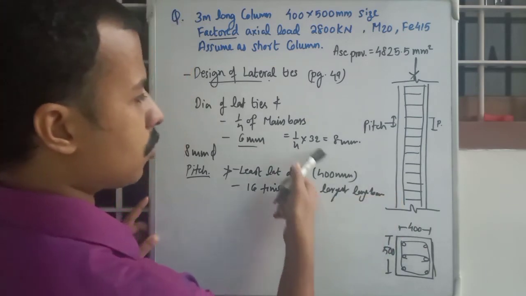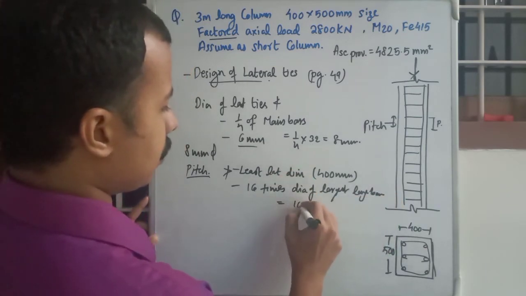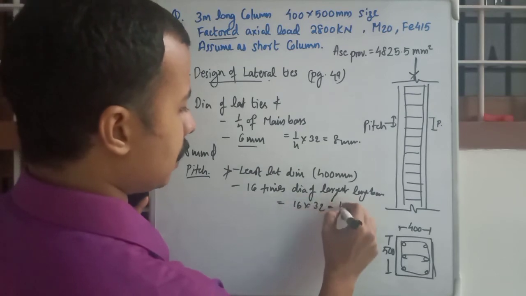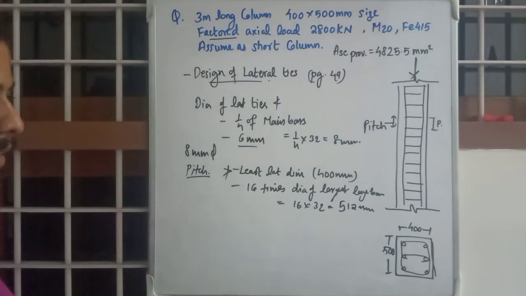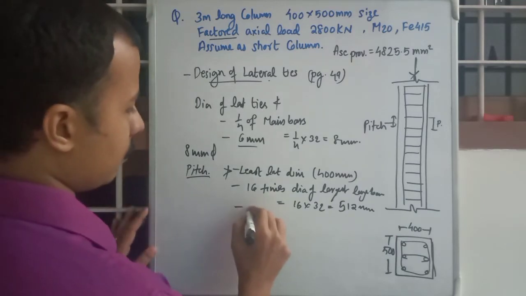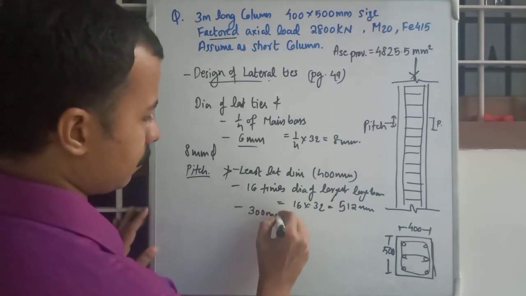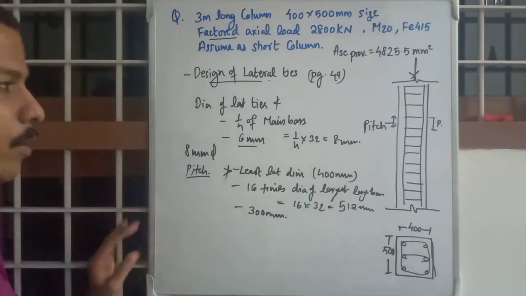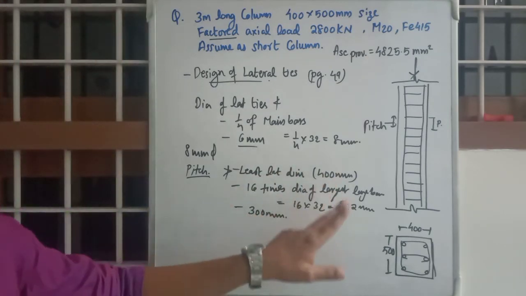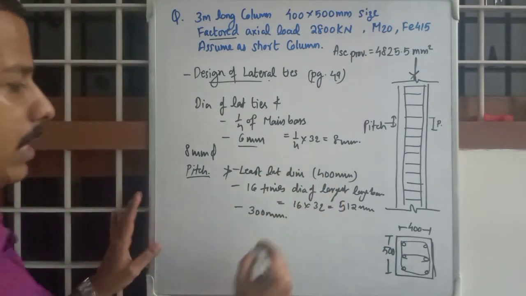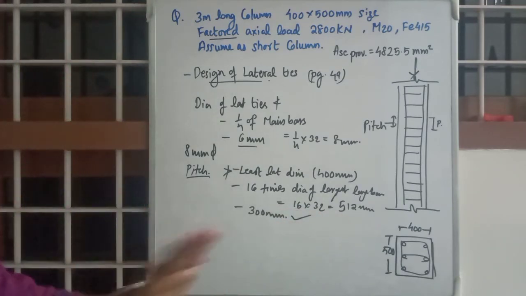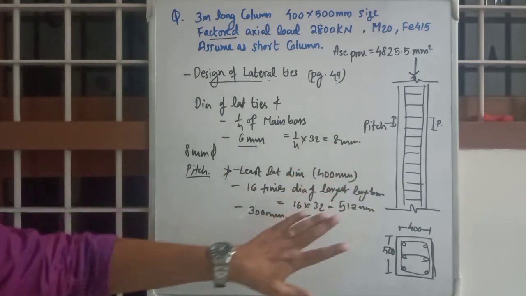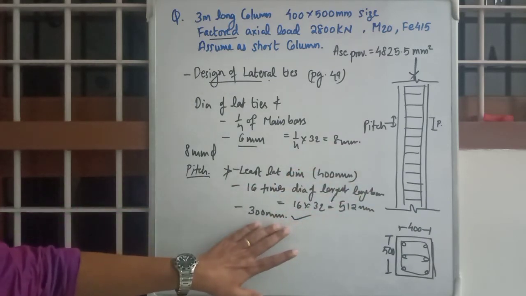The longitudinal bar is 32 diameter, 16 into 32, that is 512 mm, or 300 mm, the least of these values. So as you can see, it is 400, 512, and 300 will be the maximum pitch. So you will just assume 8 mm diameter bars with 300 mm spacing.